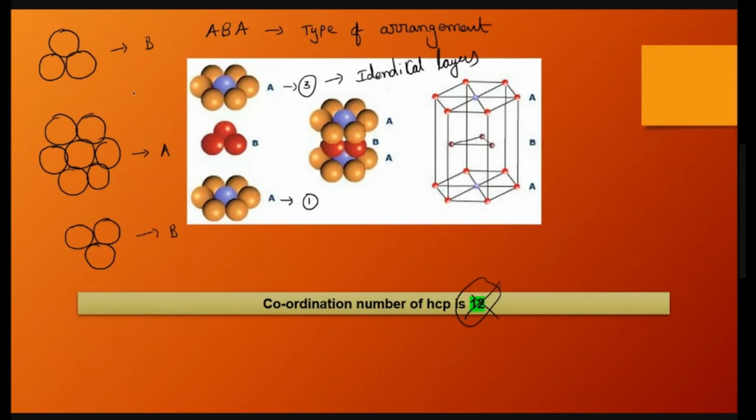This is how the arrangement goes. First take it as B layer, A layer, and then again B layer. Any way you can consider it. Now, talking about the center atom, let us consider the center atom here. I'll highlight the center atom.